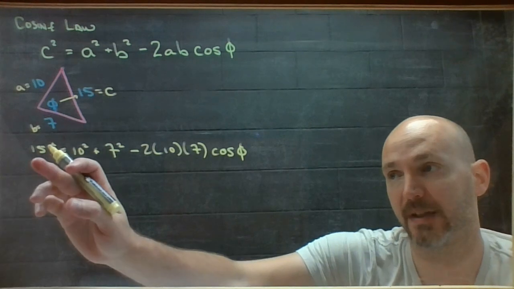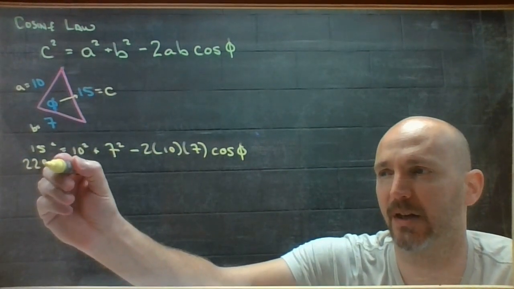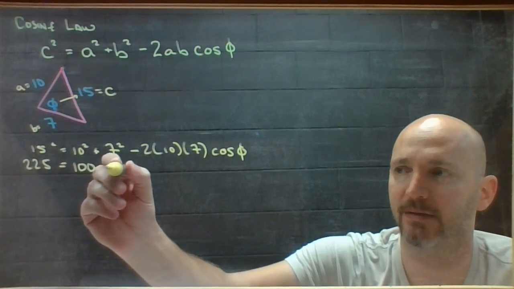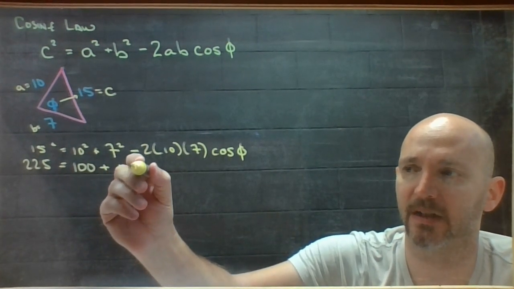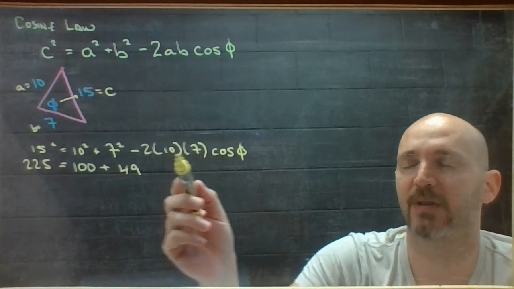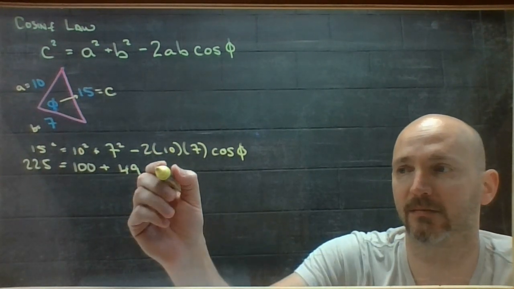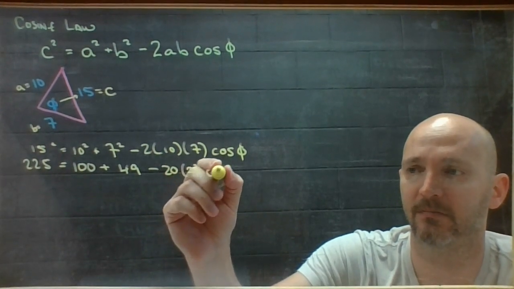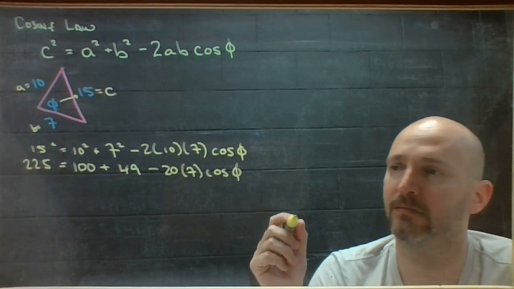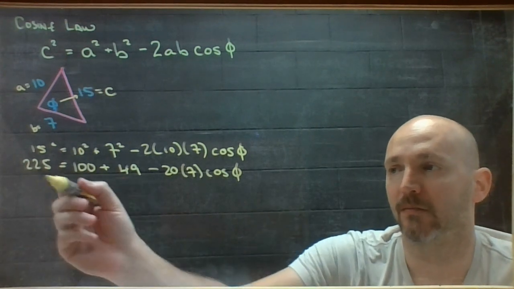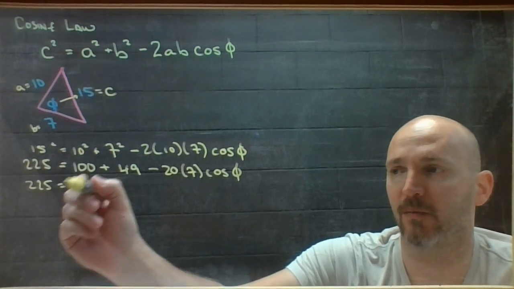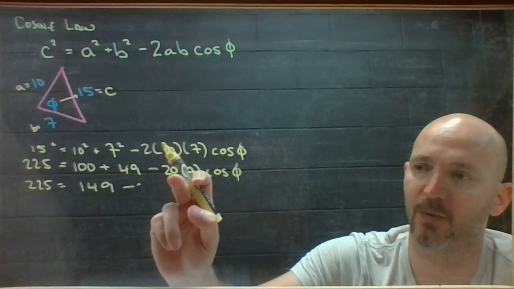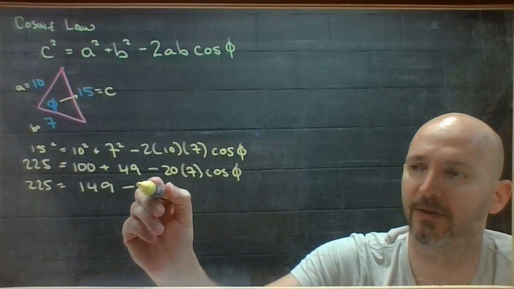All right, 15 squared is 225. 10 squared is 100. 7 squared is 49. 2 times 10 is 20. I can do 100 plus 49, that's 149. 20 times 7 is 140.